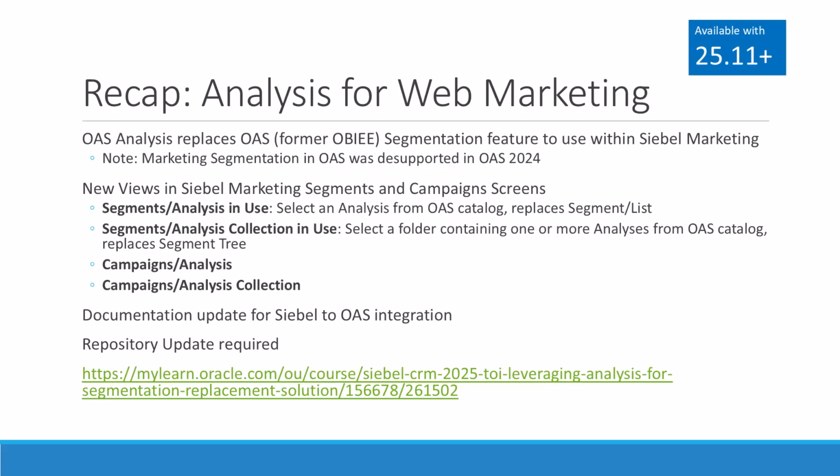A while ago, in late 2025, Oracle announced support for customers who want or need to update to the latest Oracle Analytics Server, which deprecated the marketing segmentation capabilities. Siebel 25.11 was the first version to support OAS analyses and analysis collections to be used with Siebel marketing campaigns.